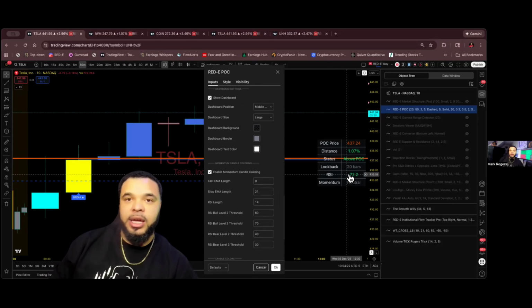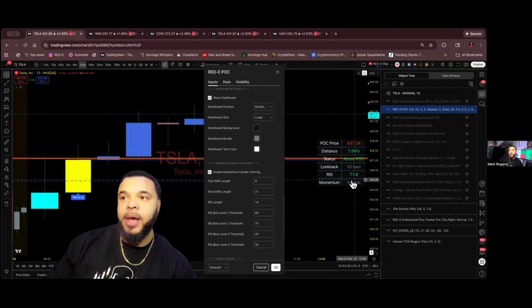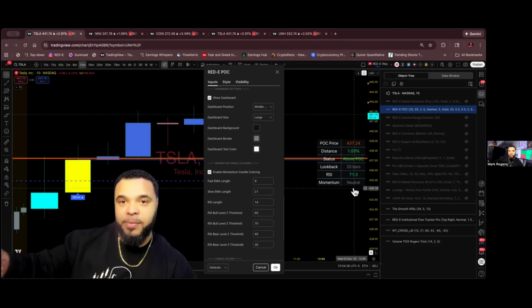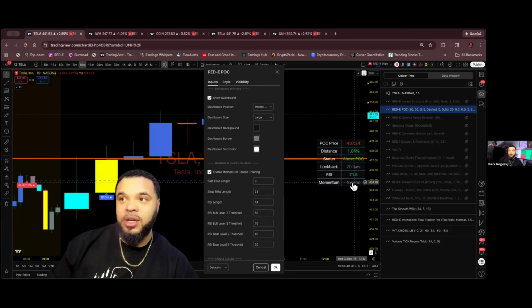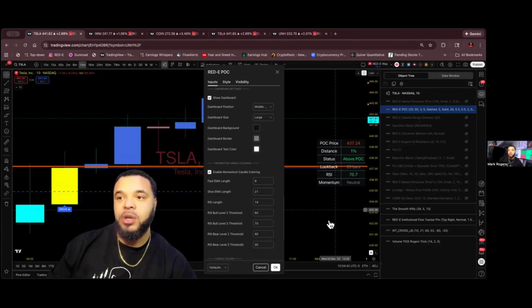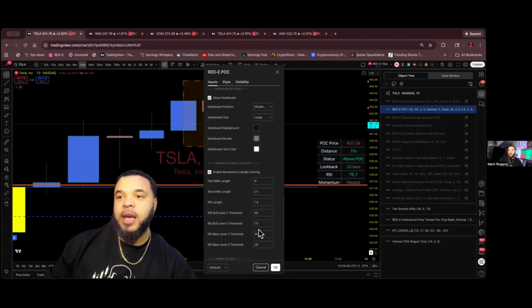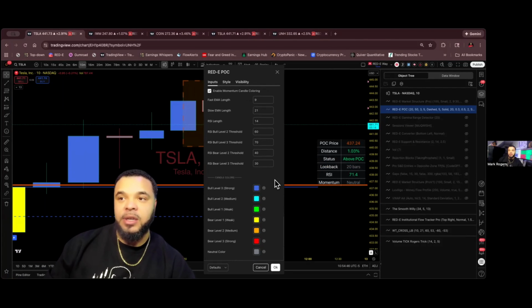It also calculates the relative strength index, tells you the current price and the distance the candles are from the point of control, and also tells you the momentum. In this case, the candle action from the point of control is actually neutral. When it goes bullish, it's going to tell you bullish. If it's going bearish, it's going to tell you bearish. But again, it is not financial advice.